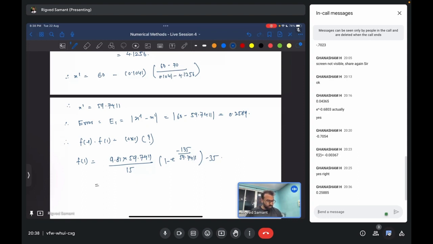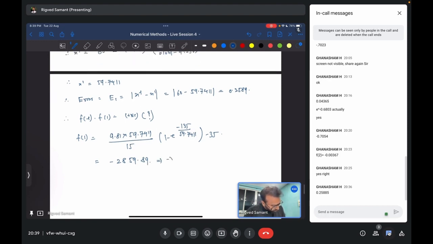So how much it would be? Minus 2859.89. So this is negative. Therefore FL into F1 is negative, implies XR to be replaced with X1 for a next iteration.